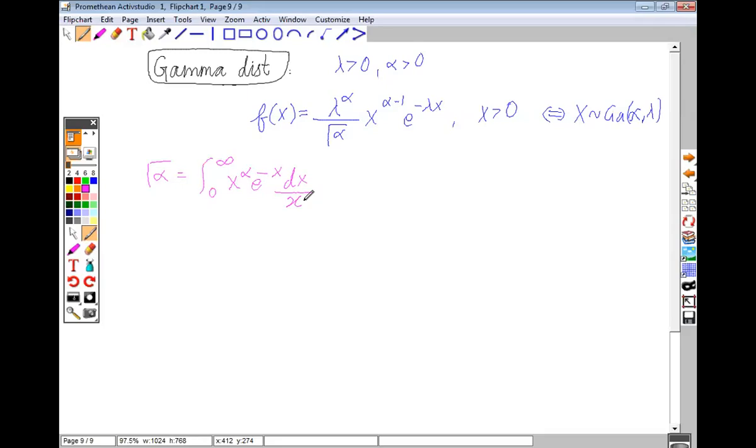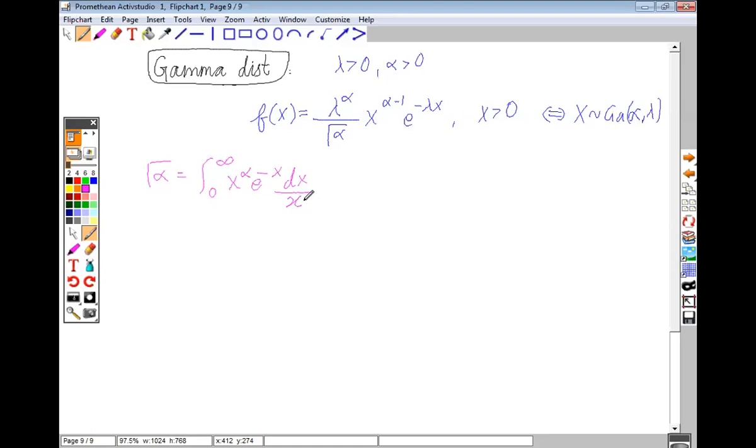Again, if I may ask you guys, actually the person who came up with the gamma distribution didn't come up with the distribution first. We knew the gamma function prior to knowing the gamma distribution, and what this guy did was terribly smart.